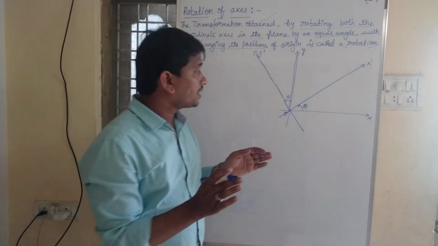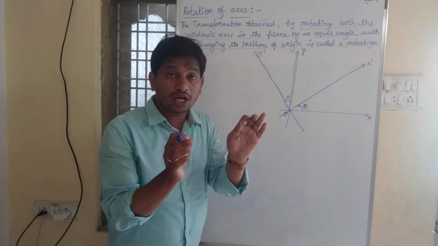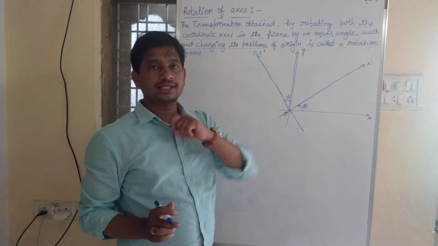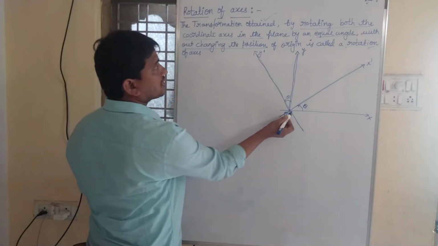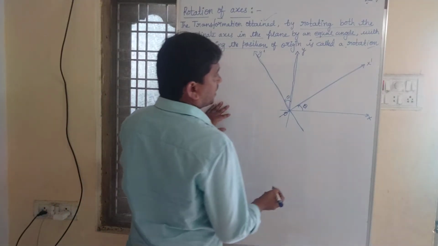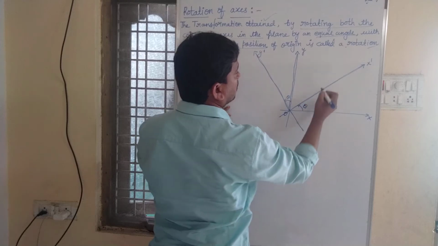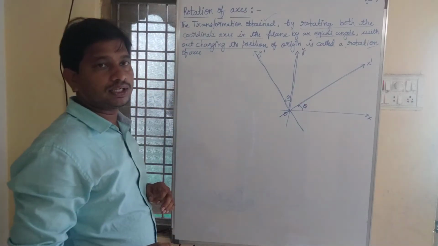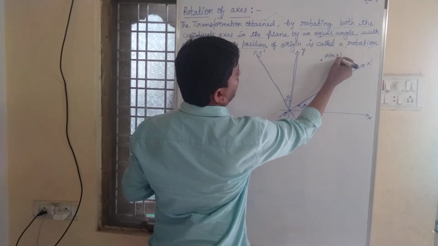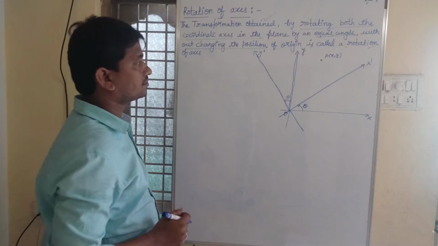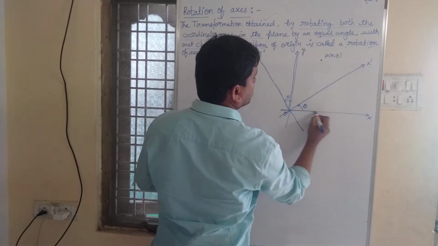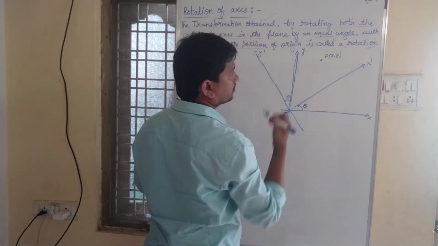Here, try to understand: OX and OY are the original axes and OX dash and OY dash are the new axes, without changing the origin. Now let us construct perpendiculars. This is the point P of x comma y in the plane with respect to the original axes OX and OY.